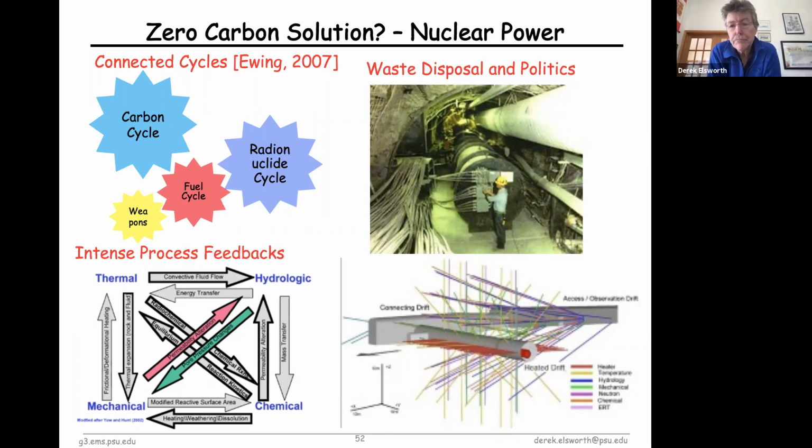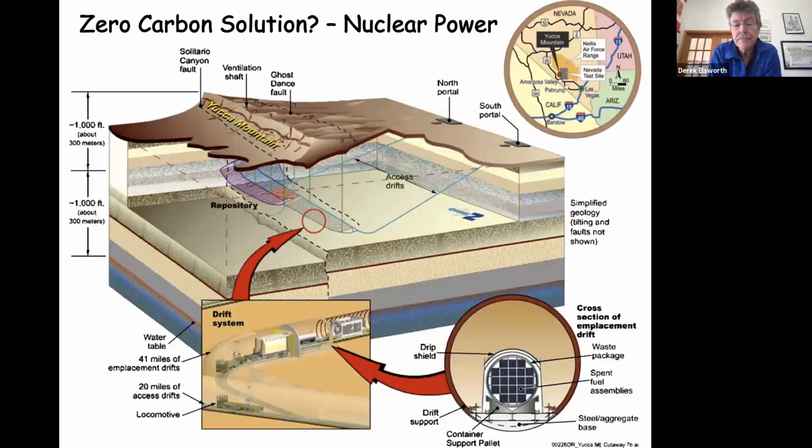And the picture in the top right is the so-called drift scale test, which was run on this test site starting in December of 1997, I think, heating up a drift for 4 years, cooling it down for 4 years, and looking at the behavior to be able to understand whether you could actually store the radioactive wastes in place.